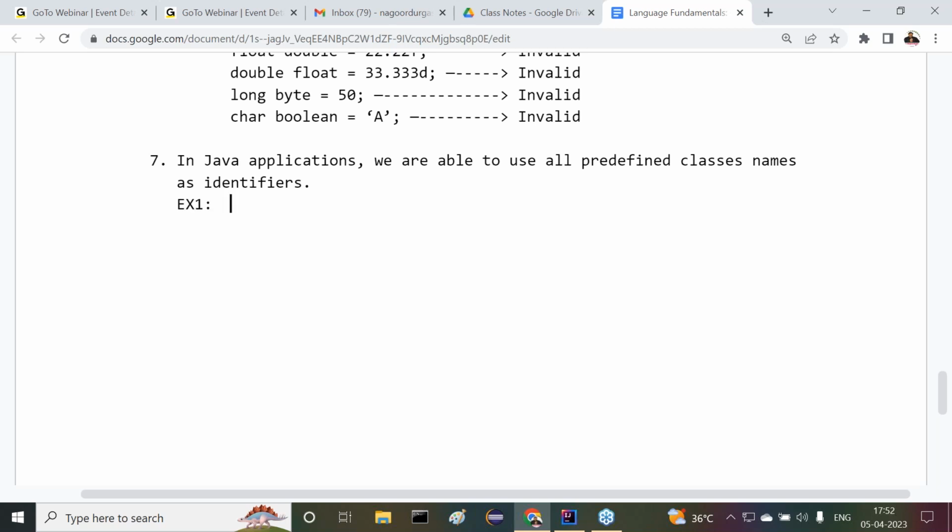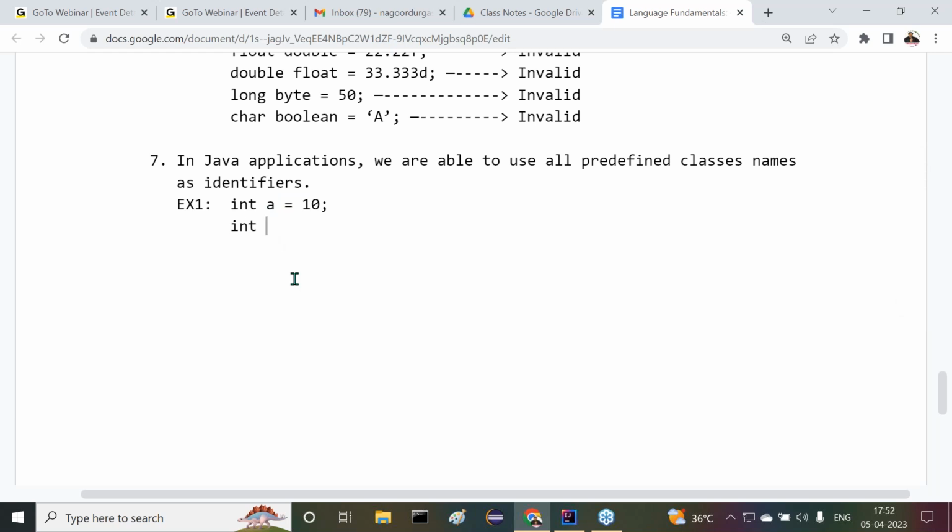I need to give some examples here, so try to understand clearly. First one: int a = 10. A is a normal variable. Observe carefully.